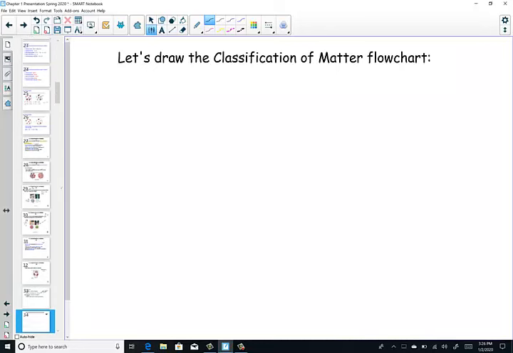Let's draw that matter classification flow chart and talk through our definitions. We said chemistry is the study of matter, and so matter is going to go at the top of our classification pyramid. Matter is anything that occupies space and has mass. And as we begin to classify, the first question we ask: does it have a variable or a definite composition?